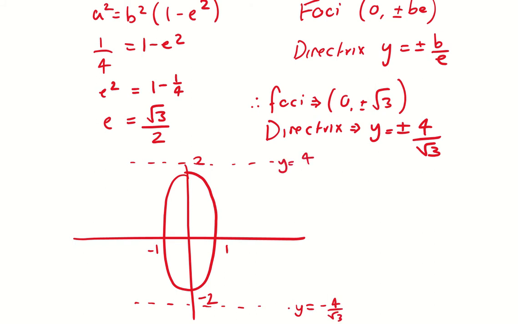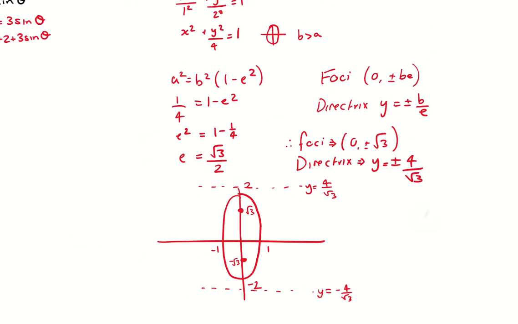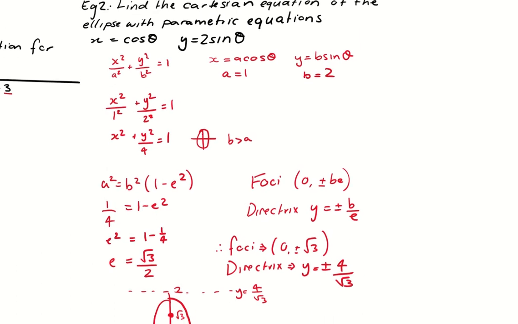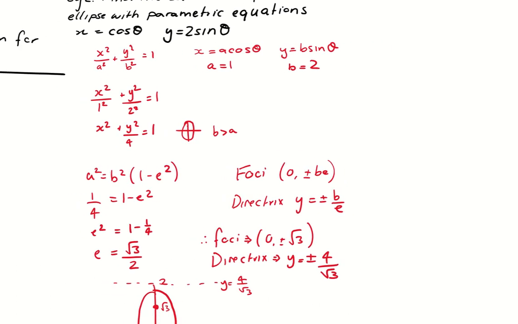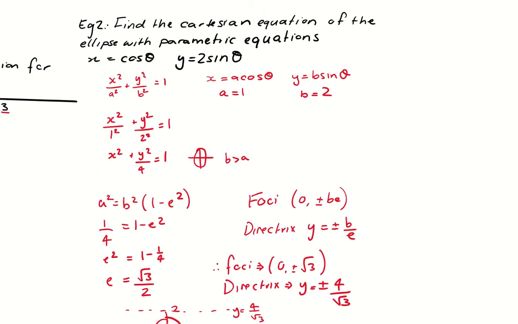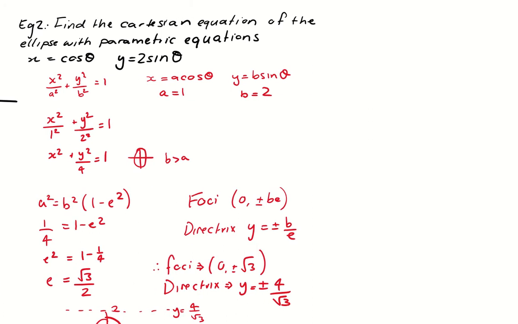And then our foci, which is (0, root 3). And there's my diagram. Okay, not too bad. It's just about remembering all of your equations for your parametric form and which one's the circle, which one's the ellipse, which one's a hyperbola, etc.